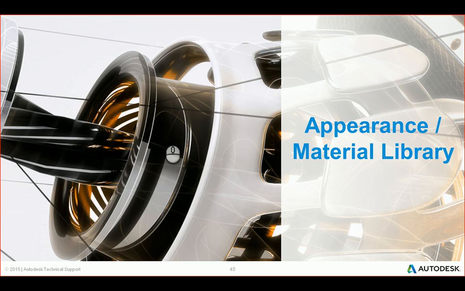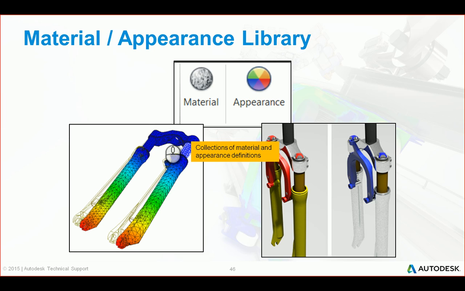Alright, appearance and material libraries. Appearance is, for lack of any better terminology, we'll call it paint. Material is the physical aspects of the property of what you're creating.